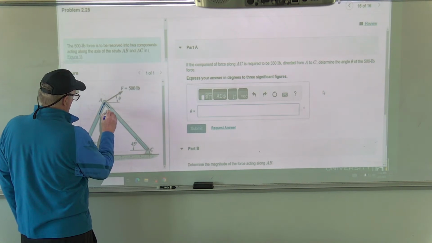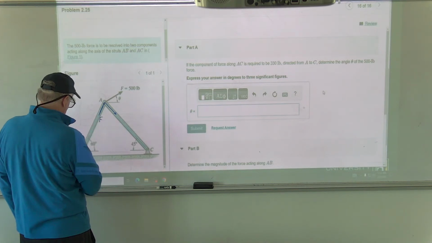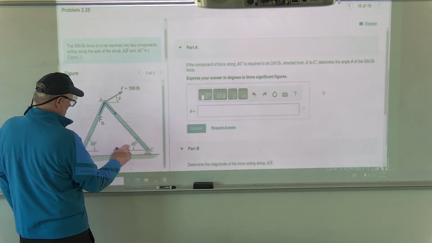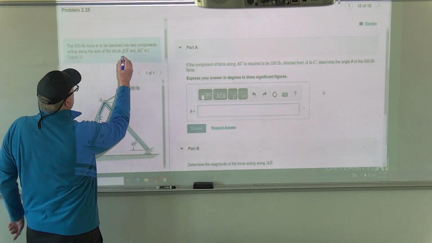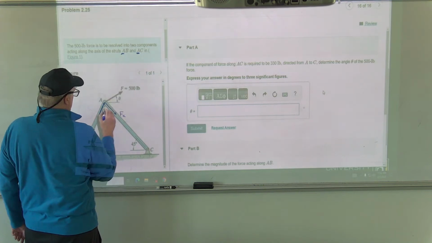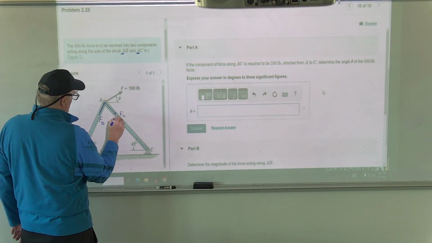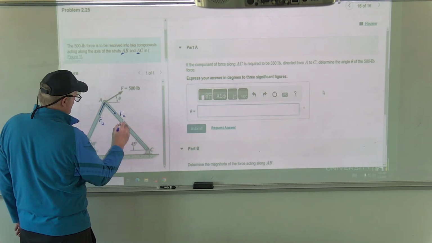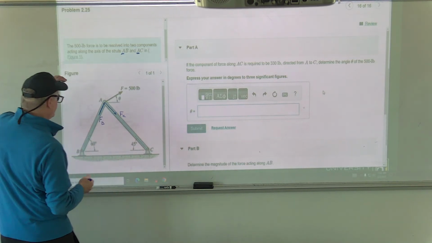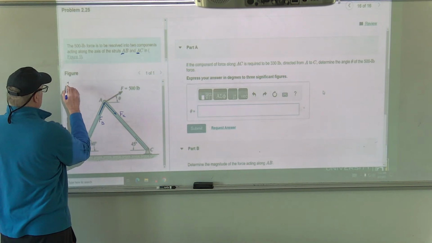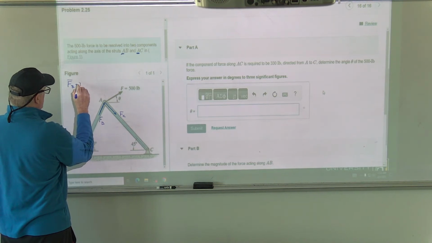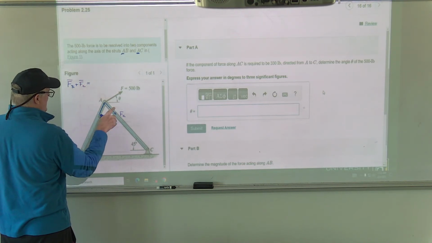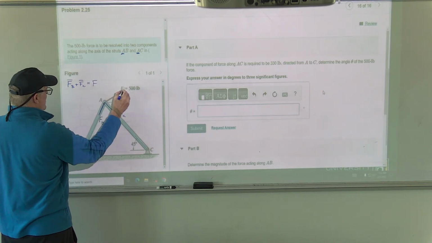I can draw it the wrong way, and it will be okay. I'll call this one FB, and I'll call this one FC. Understanding that I'm not using the A, but some people might say FAC, but I'm just going to use C. And so really, what you've got to have is FB plus FC has got to be equal to the F here.